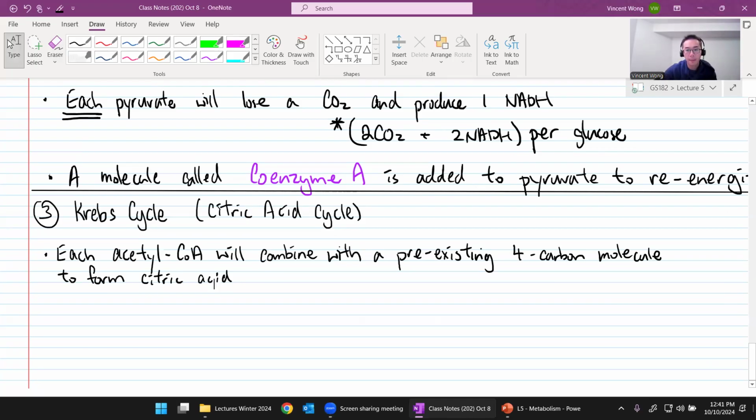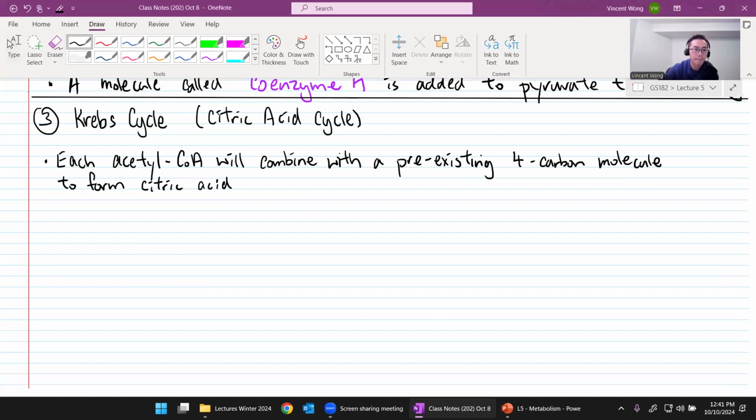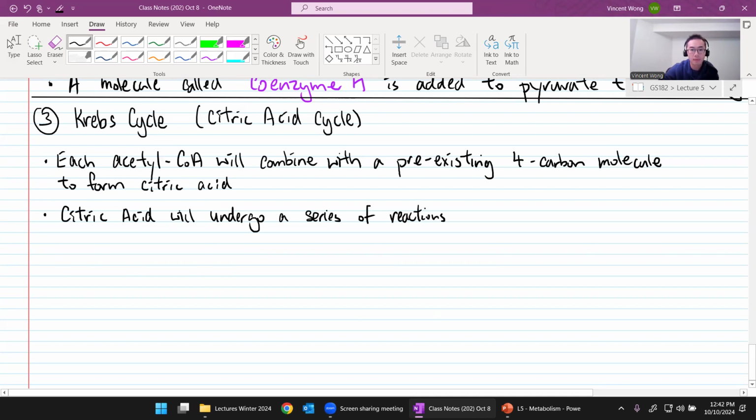Okay. So citric acid will undergo a series of reactions and release electrons.